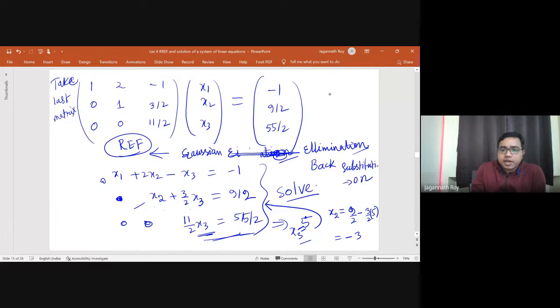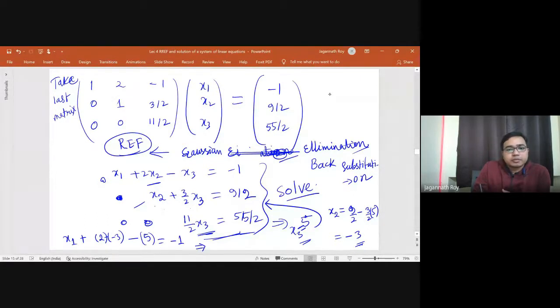So this is 5 and minus 3. Now you substitute here. Here you will get x1 equals 1 minus 2 into minus 3 plus 5, so x1 is 10.